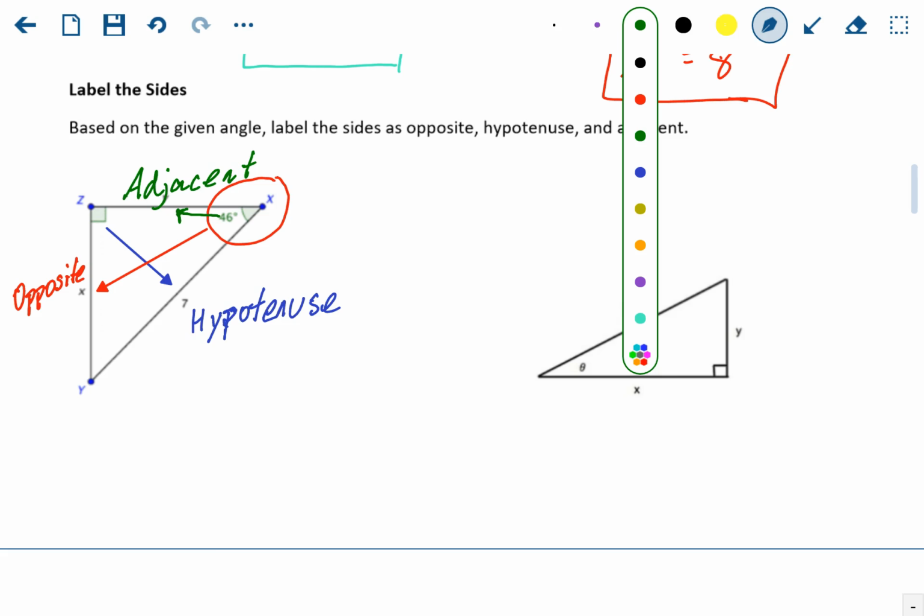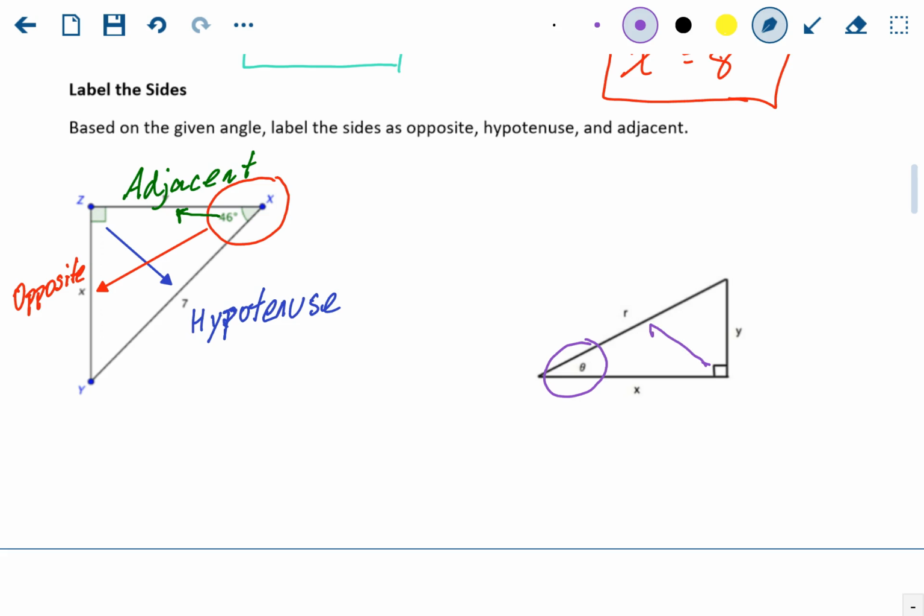Alright, so same thing on this other one. Now we're using the bottom left angle, and the right angle is also switched. So across from the right angle is always the hypotenuse.